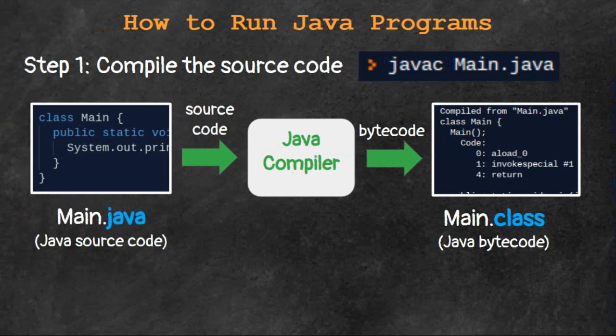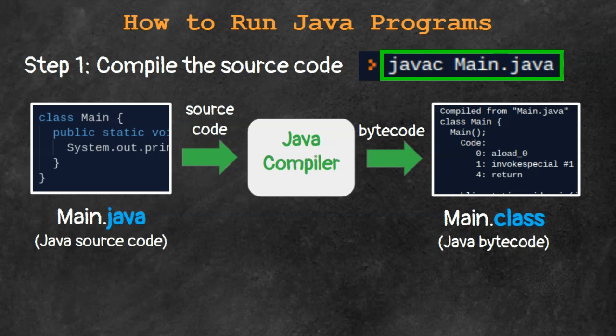Okay, now that we've seen the steps required to run our code, let's explore exactly what is happening during those steps. The first step was to compile our code. We did so with the javac command. We have to compile our code because the computer CPU does not speak Java.